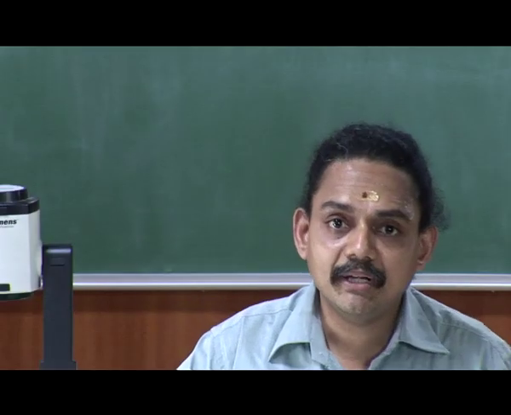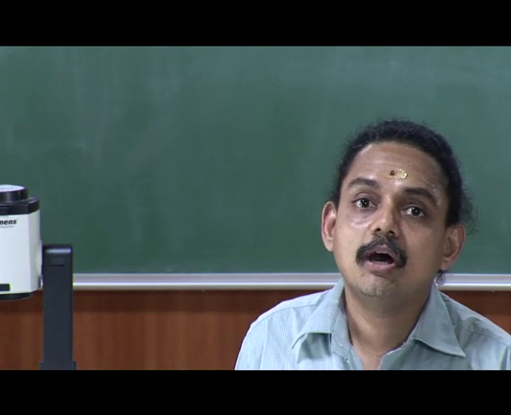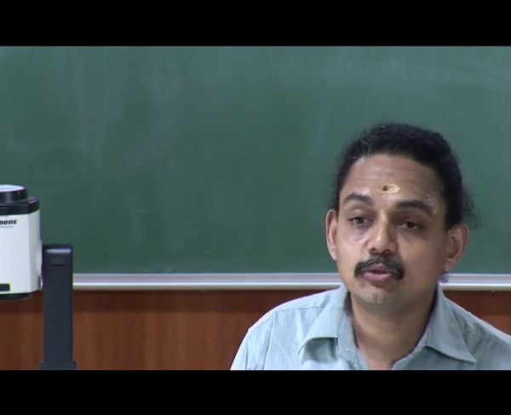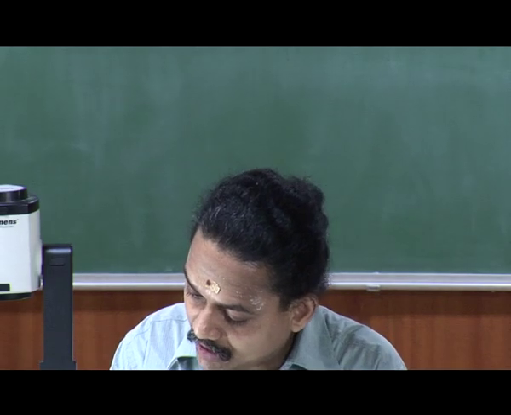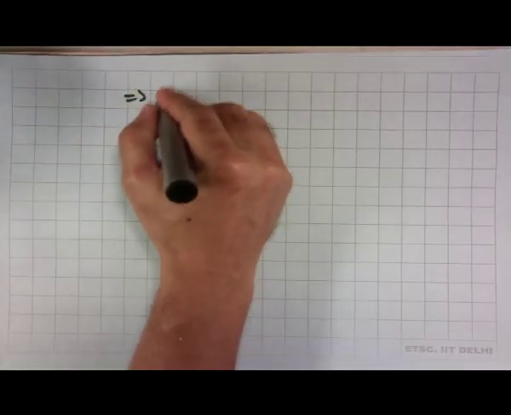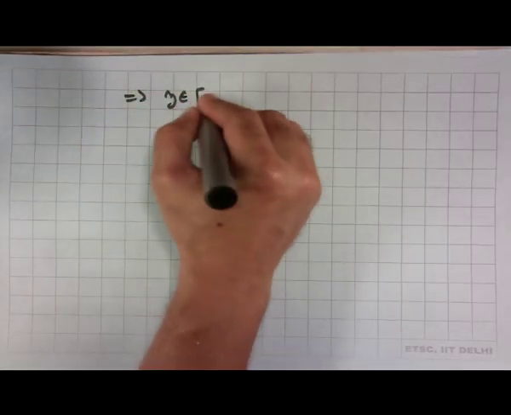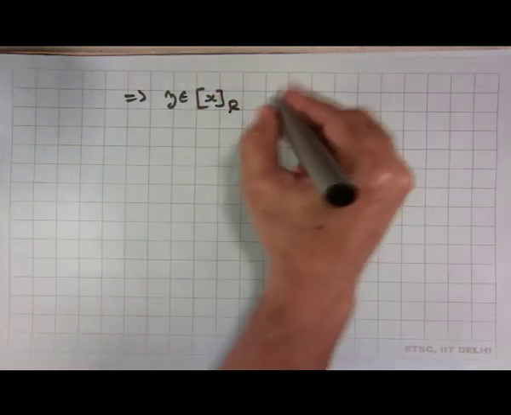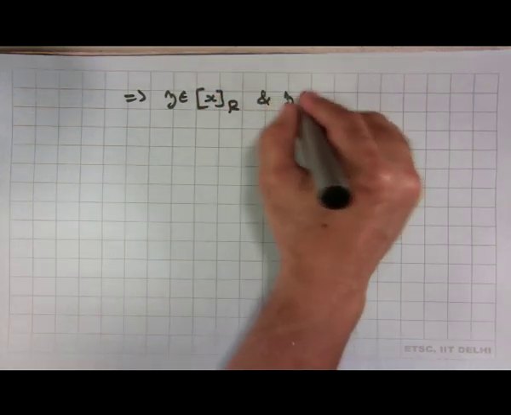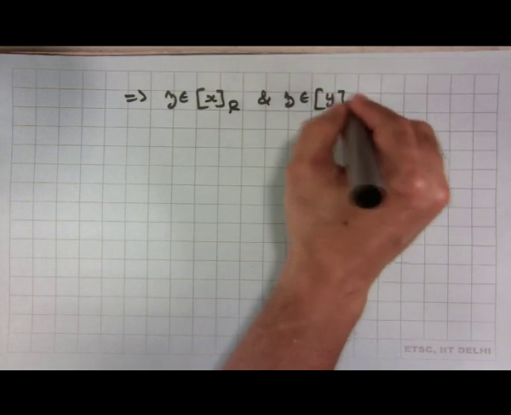Now, we have an element which is common to both box x R and box y R. So, that implies z belongs to box x R and z belongs to box y R.